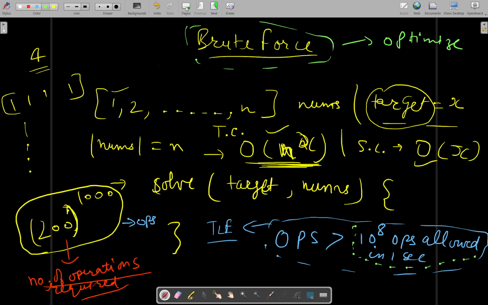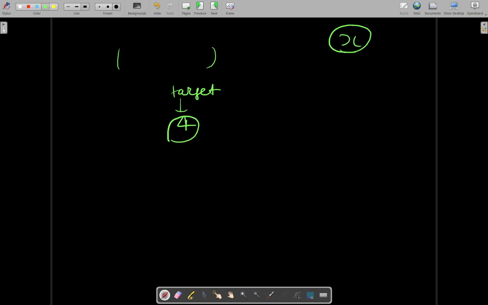A thing to be noticed here is that, let's say some target X is given to you, and when you are recursively checking for the number of combinations, you arrive at a state where the target's value is 4, and some combinational sequence resulted in 4.